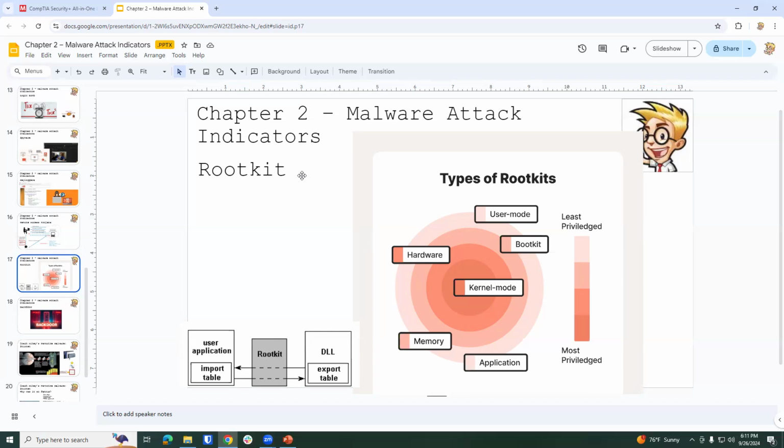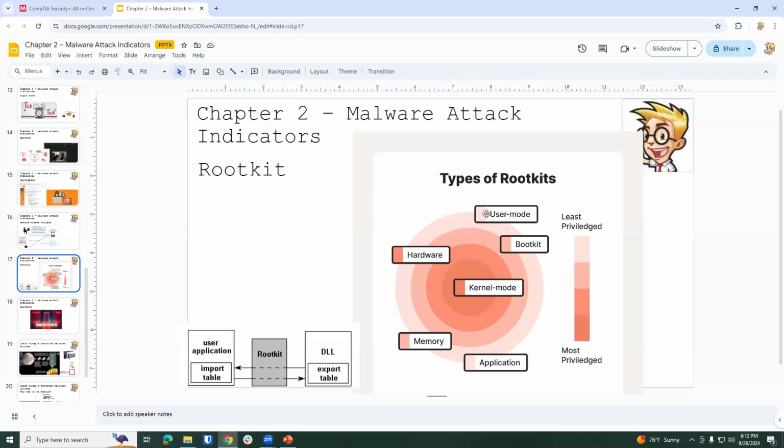Usually there's like different API feeds between commands, and rootkits like to stand in between those commands and hide, maybe manipulate them. So let's look at this table over here. We have different types of rootkits. And the outside is not so valuable, but the inside is very.